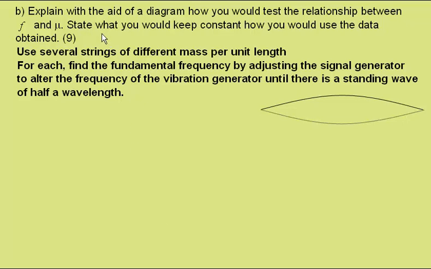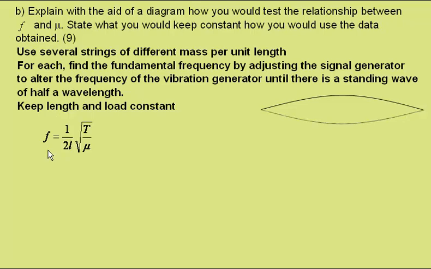Now, to state what we would keep constant, well, we must keep the length and the load or tension constant. And how we would use the data obtained. This is what graph we would plot. Well, reproducing the equation here for reference, we're looking at the relationship between the fundamental frequency F and the mass per unit length mu.